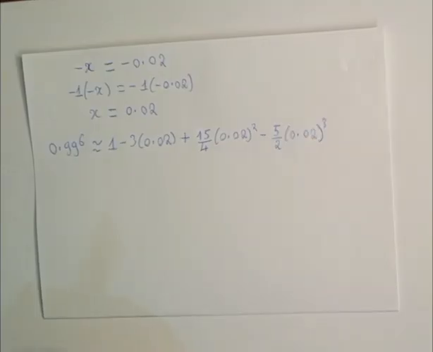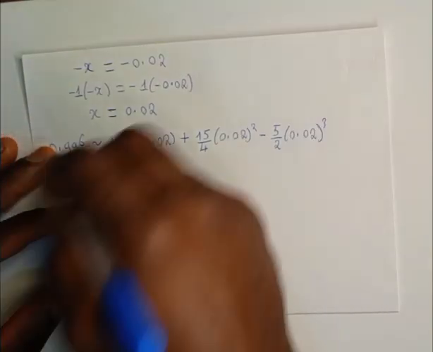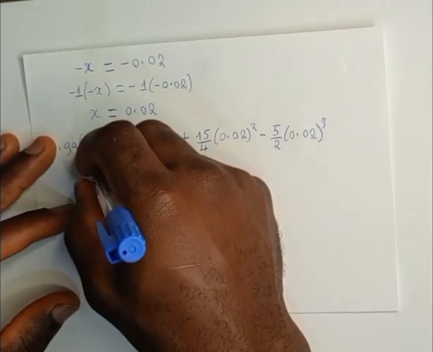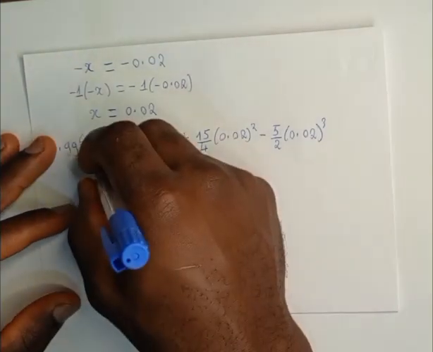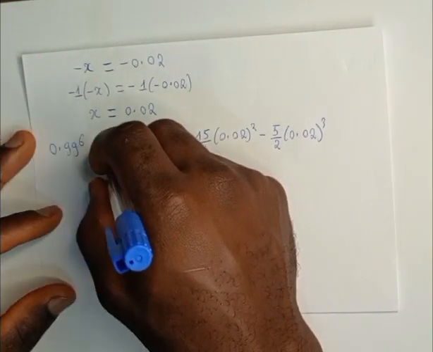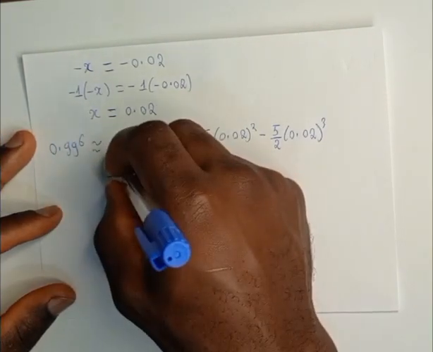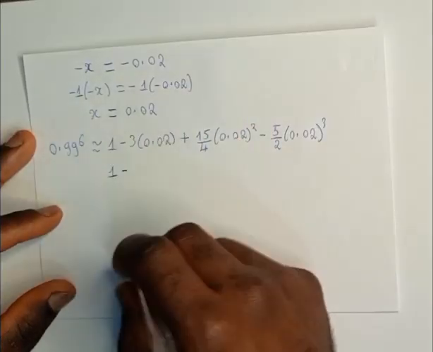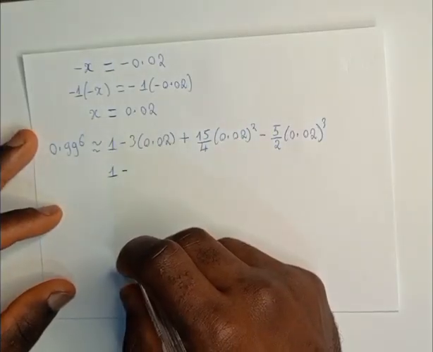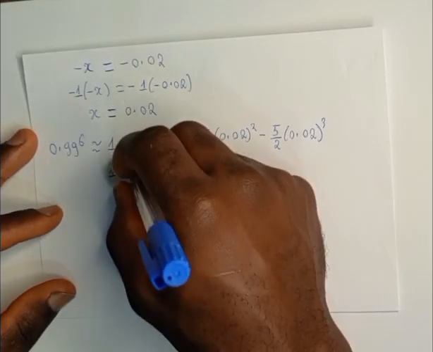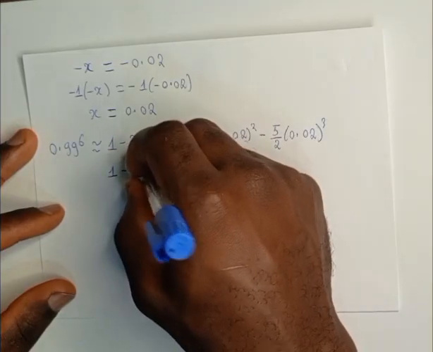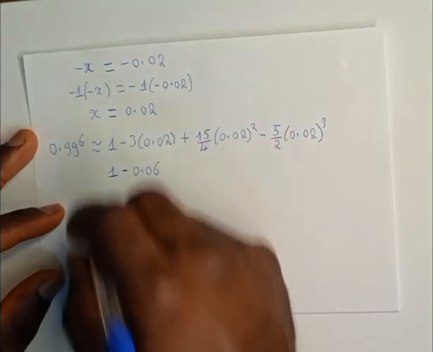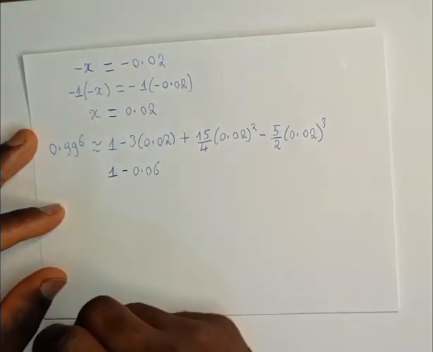Next thing we have to simplify. So this will simply be the same as 1 minus 3 times 0.02 gives us 0.06 as such.